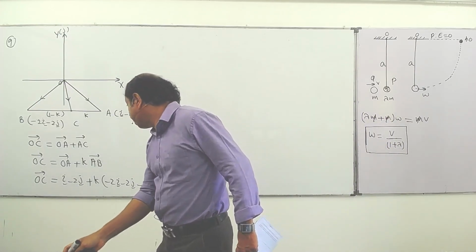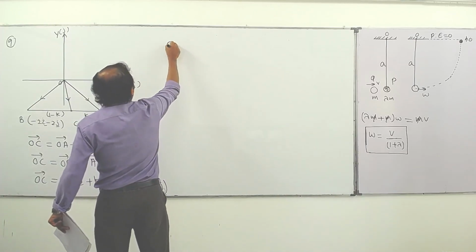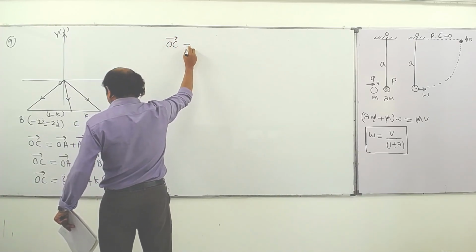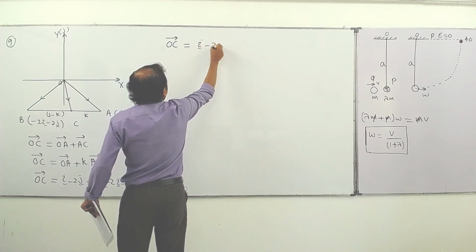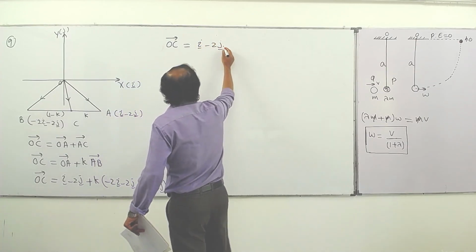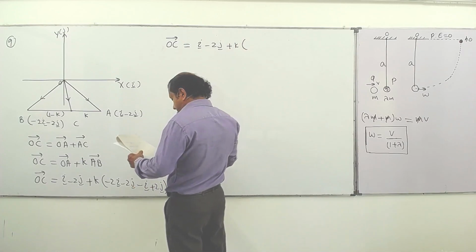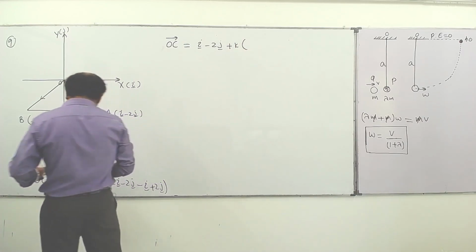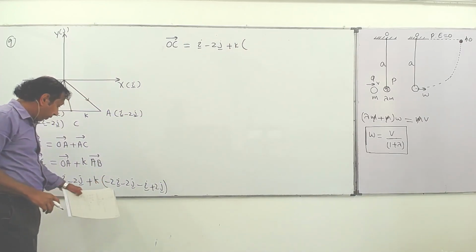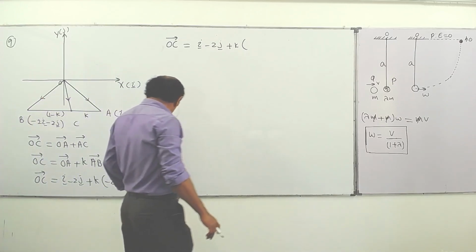Now we can simplify it. OC vector is i minus 2j plus k times, right, here within the bracket we can write minus 2i minus i minus 3i.